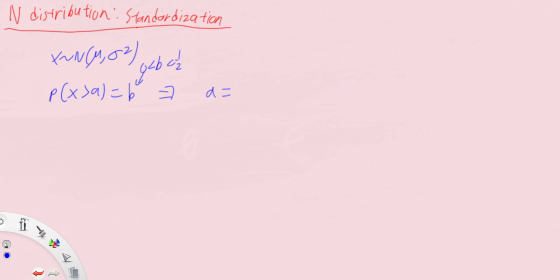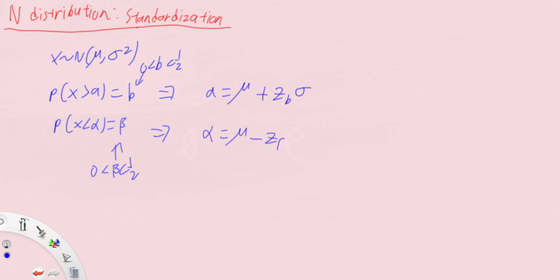Alright, so in conclusion, if we have x following a normal distribution with mu and sigma squared, and we have P(x > a) equals probability b, where b is between 0 and half, we can simply get a equals mean plus z_b sigma. If we now have P(x < alpha) equals beta, where beta is between 0 and half, we can then get alpha equals mean minus z_beta sigma.